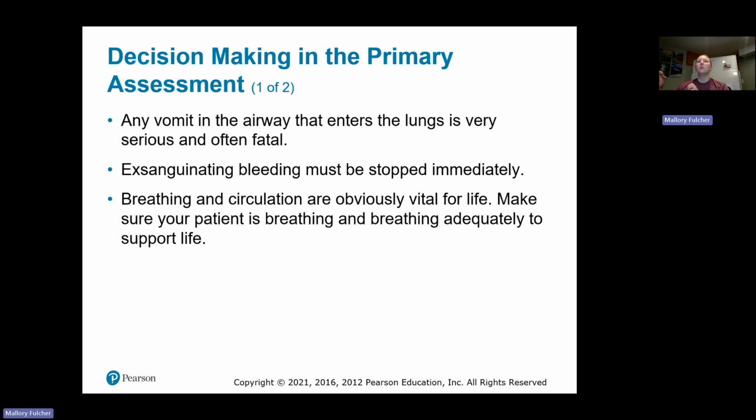So there's a little bit of difference there, right? So bear with me. We're going to focus on the medical assessments first. Yes, obviously, if they are bleeding a lot, like hemorrhaging, we do want to stop it, but then it's more of our trauma assessment. So we'll focus on that during our trauma.